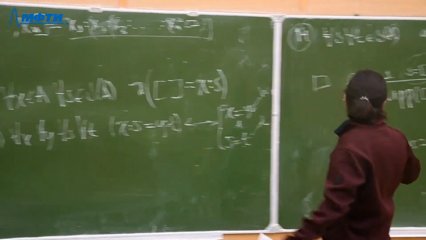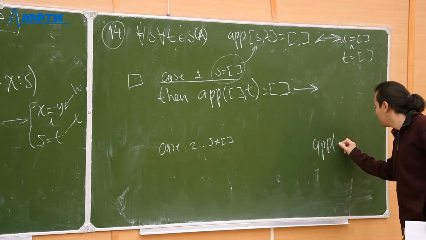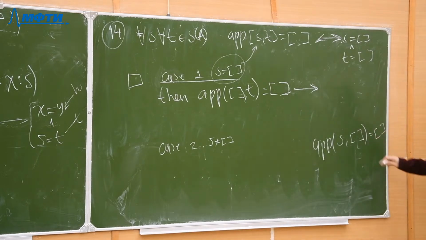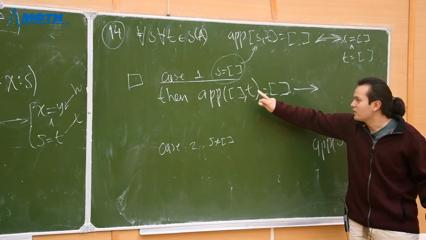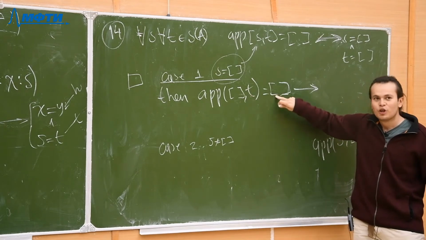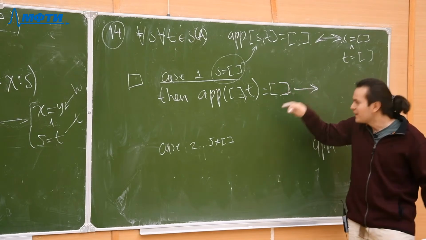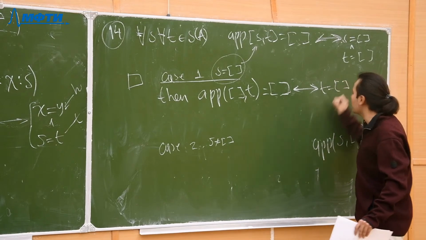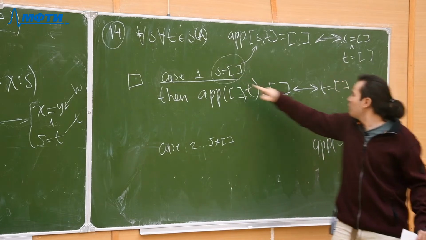We know that the app of the empty string and S is empty by definition, right? And we have that the app of some string and T is empty. So this is true in what case? Yes, if and only if T is an empty string as well. So for S an empty string, we obtain that T is an empty string.